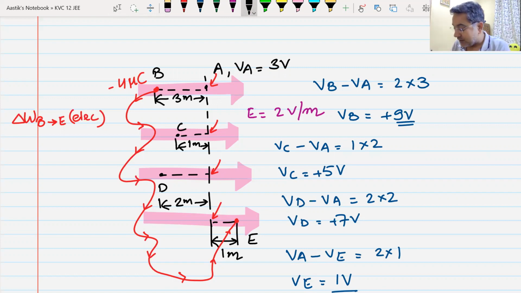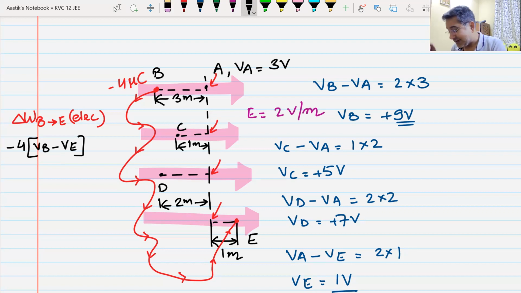So how do I do it? I multiply this by the minus 4 microcoulomb charge. Remember, the answer will be coming in microjoules, multiplied by the potential difference between VB and VE. And what is the potential difference? Point B is at a higher potential, point E is at lower potential. The distance is 4 and the value of electric field is 2.